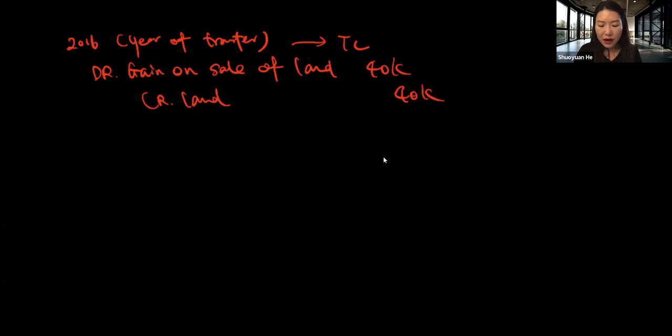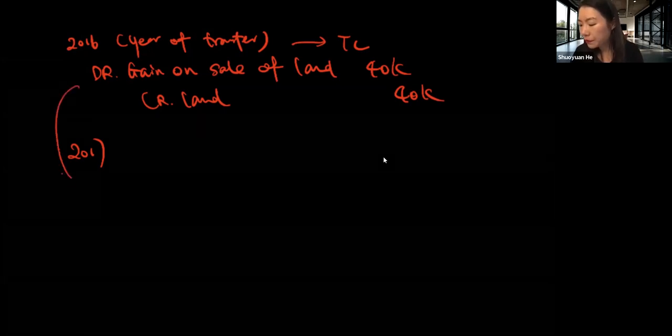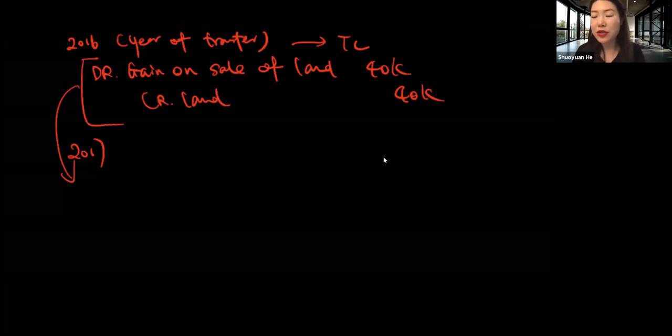And then in the year 2017, which is 1 year after the year of transfer, Patrick hasn't sold the land to the outside party yet. So what we need to do is carry over the effect of this 2016 entry, because this entry is done on the consolidation worksheet.